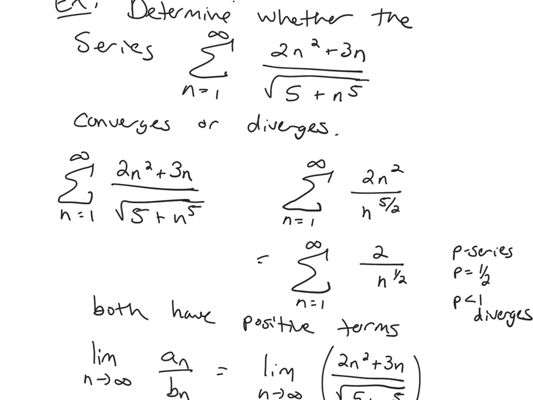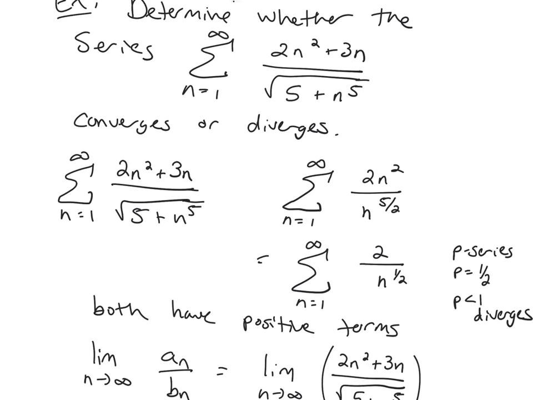So that's the term I'm going to keep. And then I look at the denominator. Inside of the square root, what's my biggest term? My largest degree, n to the 5th, but it's underneath the square root, which means I have n to the 5 halves. That's how I created the one I'm gonna compare it with.